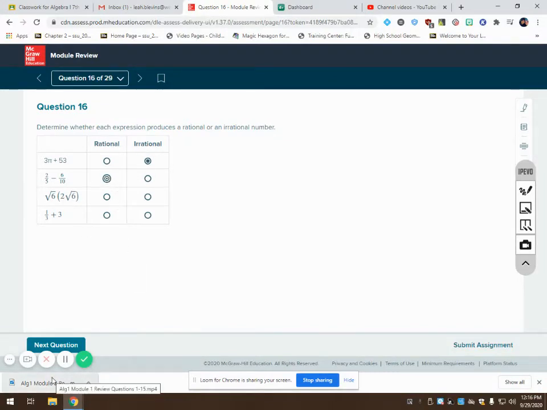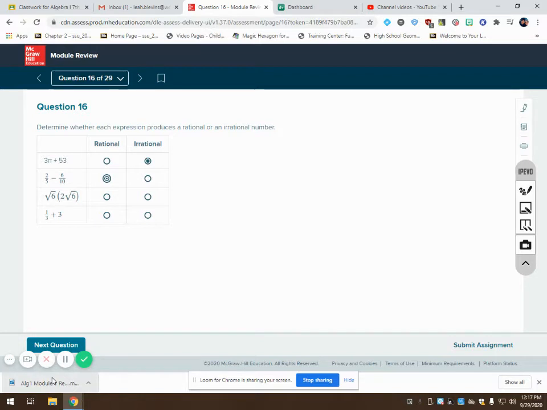Now, square root of 6 itself is irrational, but think about what happens when I say the square root of 6 times 2 times the square root of 6. If I was to change the order, the commutative property allows me to do that, I can say square root of 6 times square root of 6 times 2. Well, the square root of 6 times the square root of 6 changes it to the square root of 36.